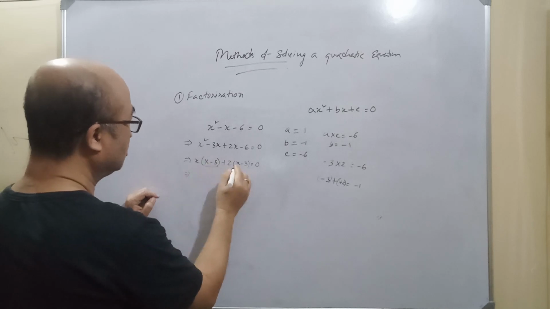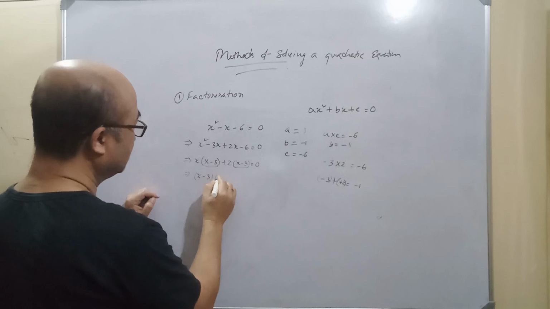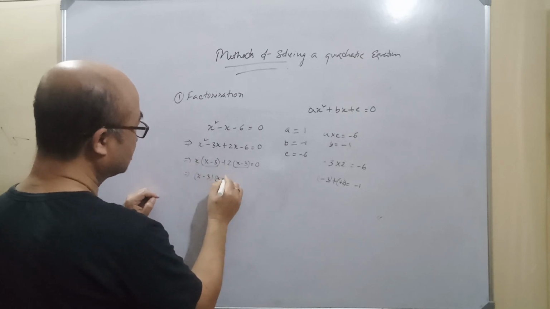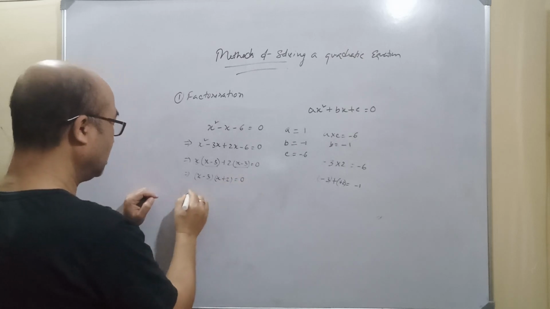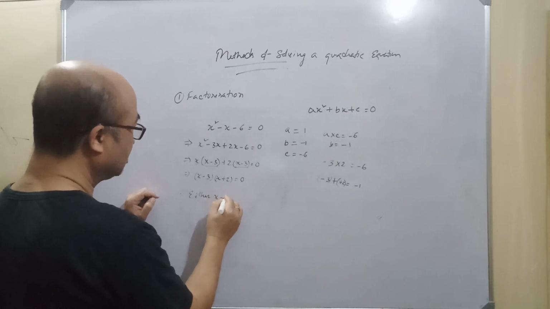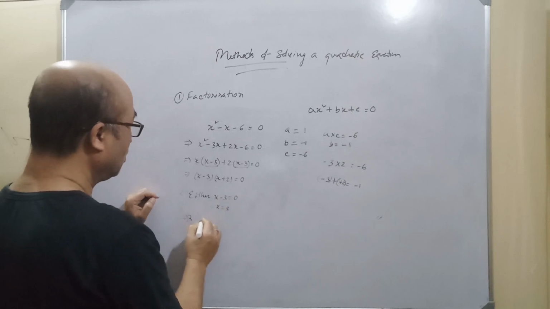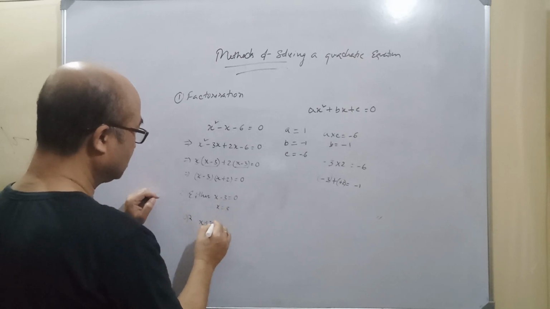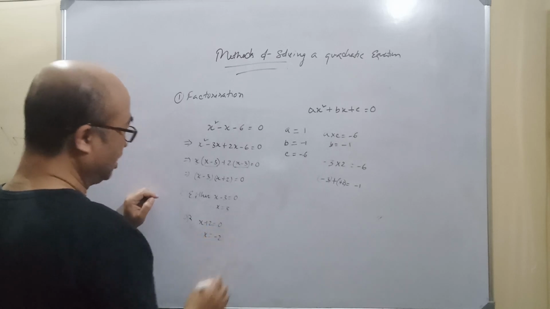So this is common. x minus 3 into x plus 2 equal to 0. Hence either x minus 3 is equal to 0, hence x equal to 3, or x plus 2 is equal to 0, hence x is equal to minus 2.